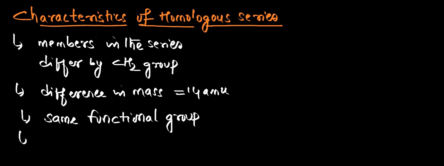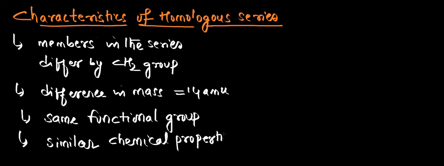So any member of the homologous series possesses the same functional group. And as I told you earlier, functional group decides the chemical properties. So if they have the same functional group, they possess similar chemical properties.